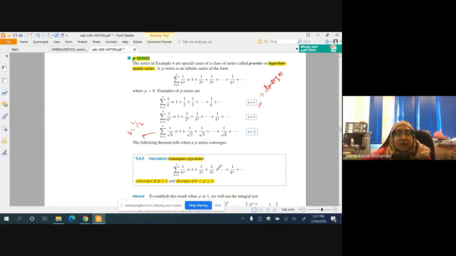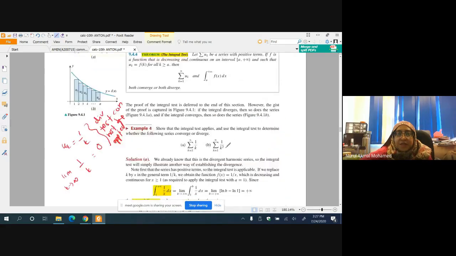This one, p is equal to 2, which is greater than 1, so it converges. And then for the third one, k to the power of 1/2, so p is equal to 1/2. For p equal to 1/2, it should diverge. So this is a P series.